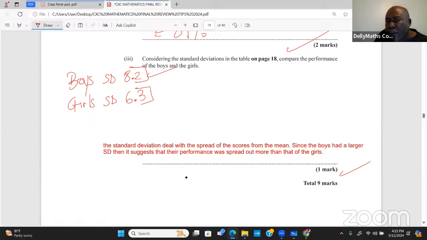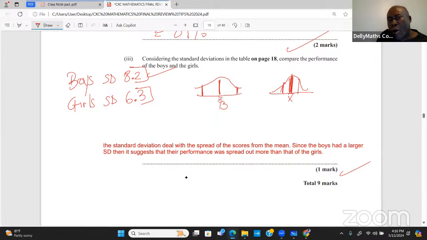Let me just give a quick idea. So let us say that this is our central, which is our mean. The boys' one might have spread out a little bit more. Like, let us say the boys spread from here to here. And then for the girls, if this were the mean, the girls would have been closer to the mean, like they're closer to this. This is their X bar.